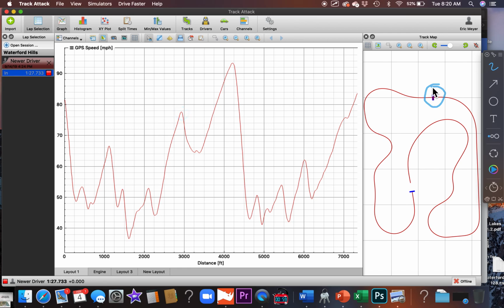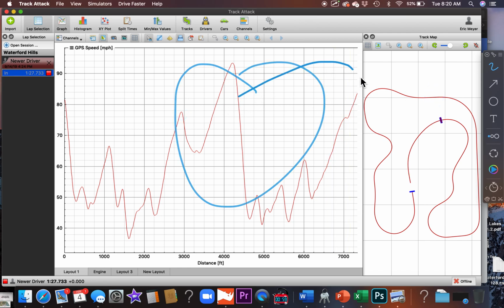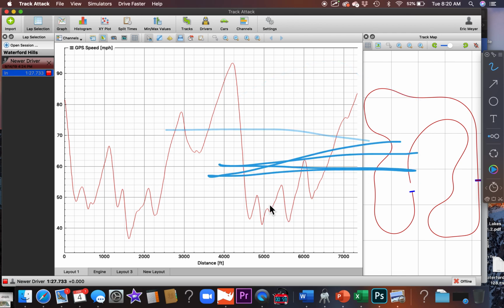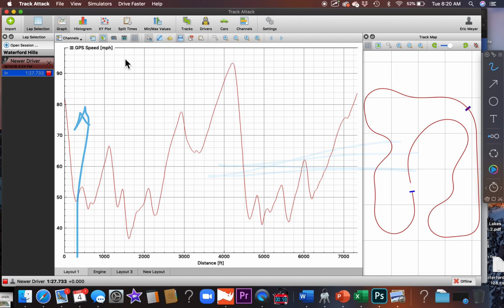Again, I'm just trying to get you to relate what's happening in here to over in here. So these two, trying to connect these two. There and there, there and there. And to understand that this y-axis is the speed.